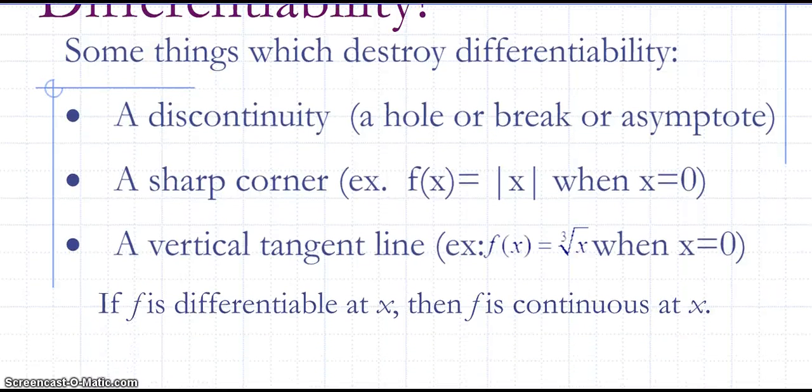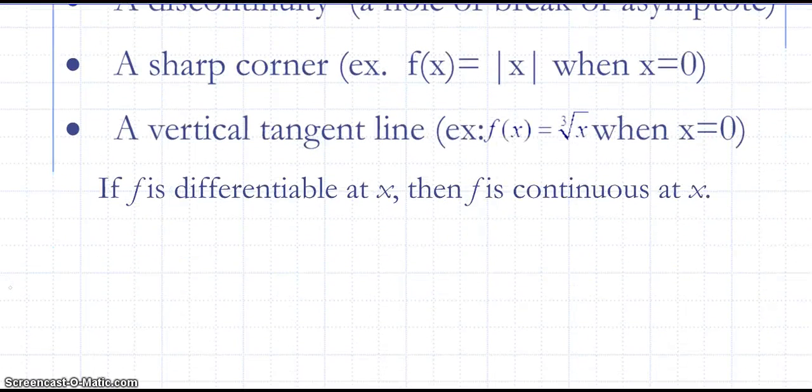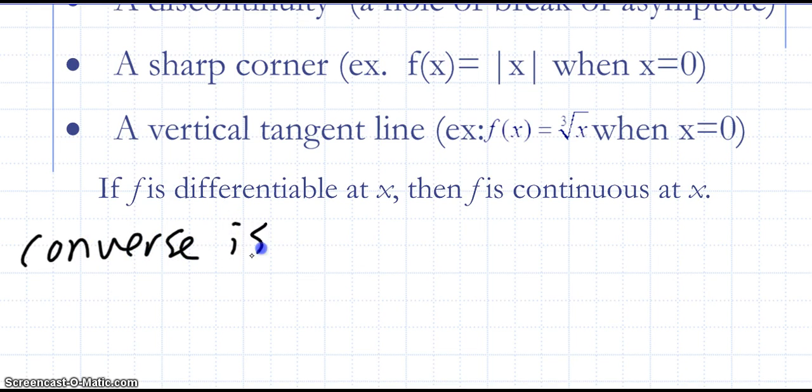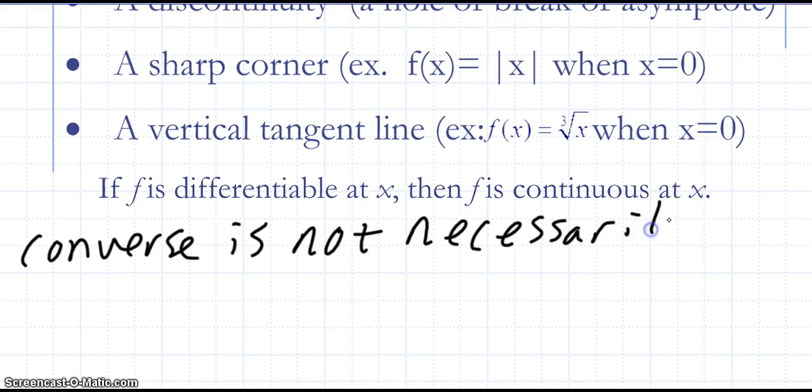If f is differentiable at x, then f is also continuous at x. So differentiability means continuity. However, the converse is not necessarily true. What does that mean?